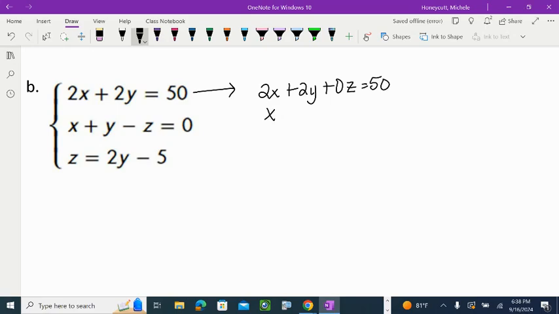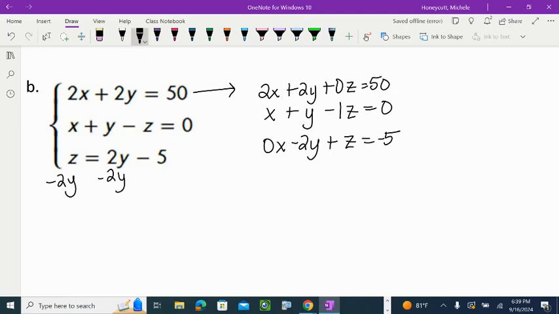And then x plus y minus z equals 0. For the last equation, there are no x's. This negative 2y needs to be on the left side, plus z equals negative 5.